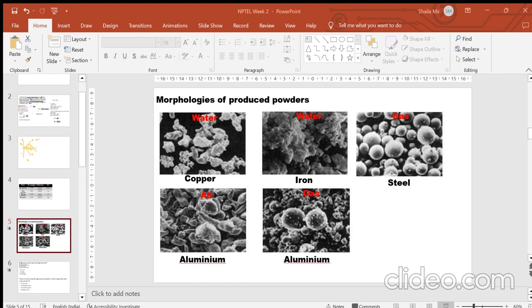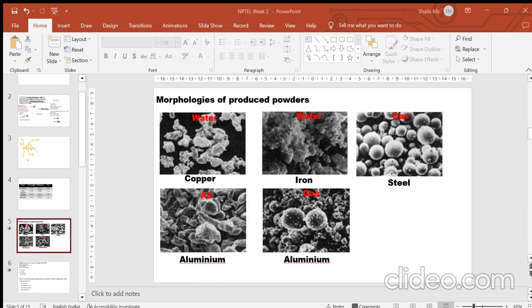Yes, because during water atomization it is like a bursting of the melt with the help of a water jet. If the speed is very high, it will exert a large amount of force on your melt, and those forces will help in production of large amounts of powder which is fine in size.